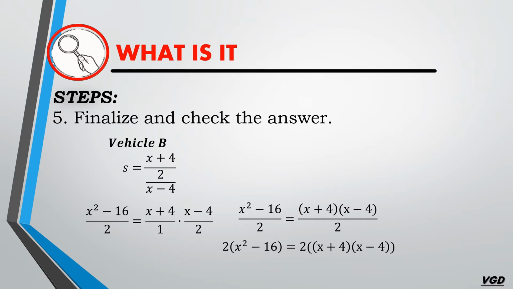So applying the distributive property of multiplication, for the left side we distribute: 2 times x squared is 2x squared, and 2 times negative 16 is negative 32.